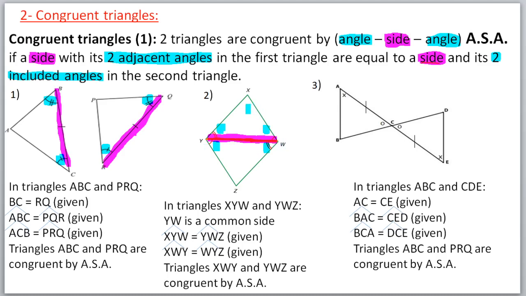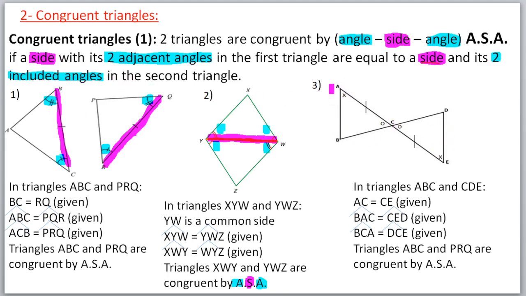So it means that this triangle and this triangle are congruent by angle, side, angle. Color it in that way. Angle, side, angle: one side and two adjacent angles. We don't say side, angle, angle; we say angle, side, angle by term. Angle side angle like that.